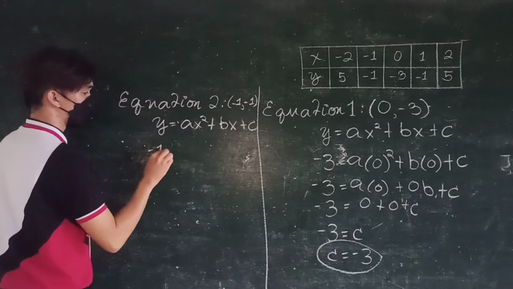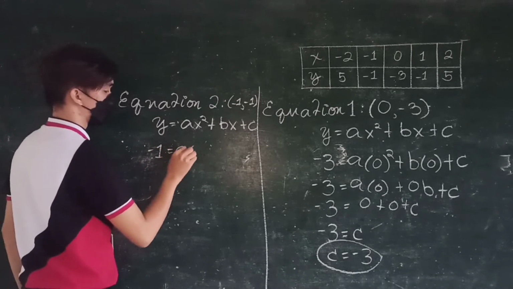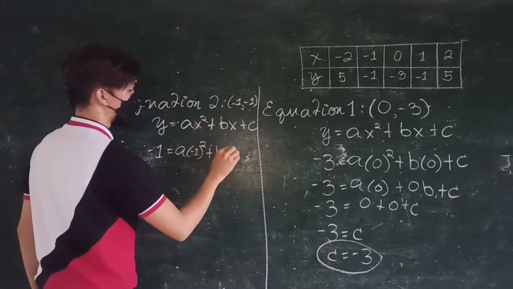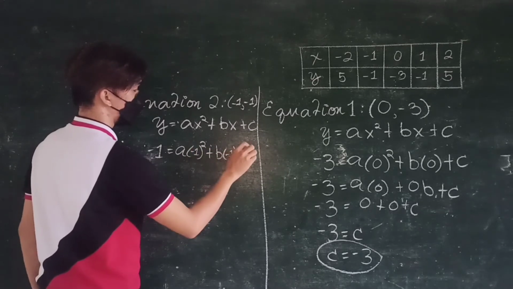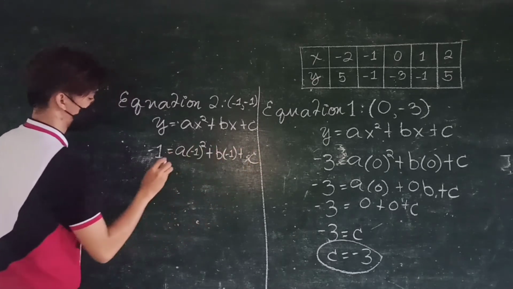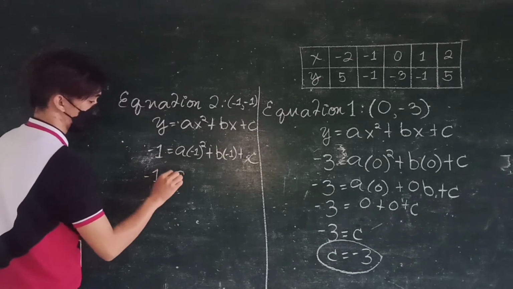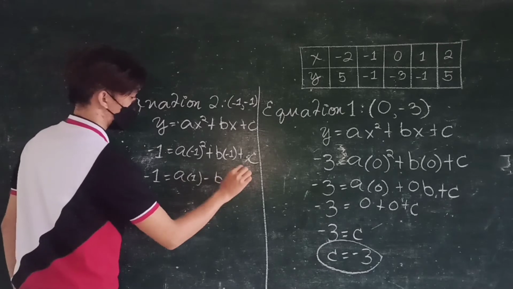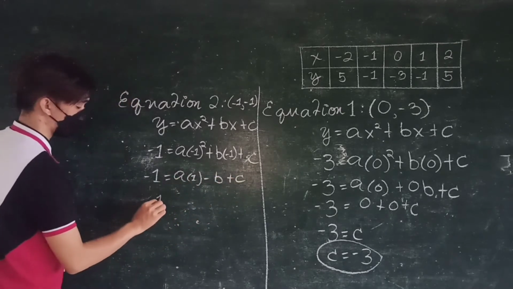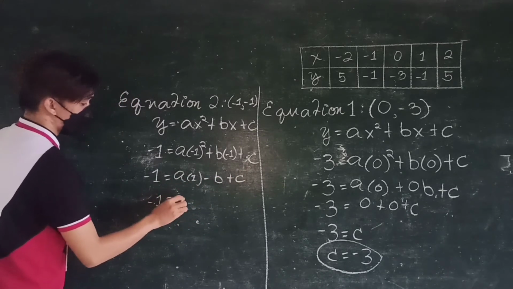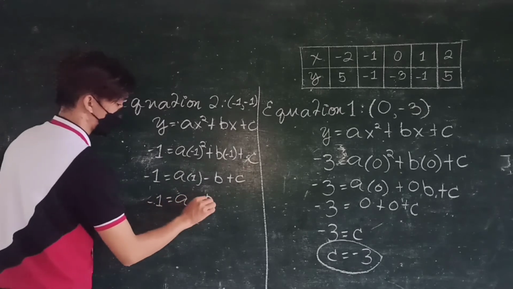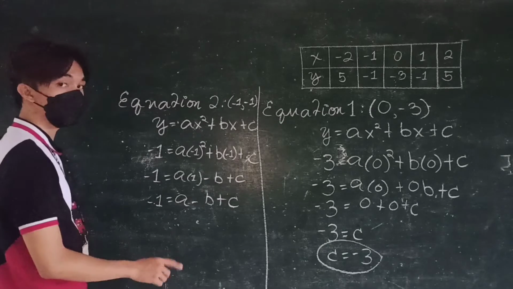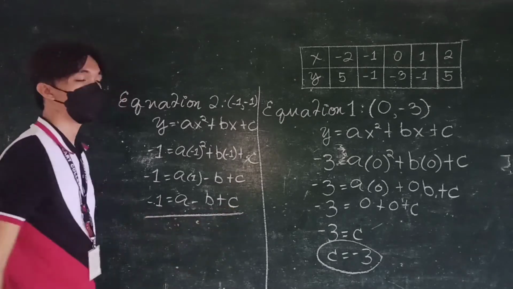So we have negative 1 equals a times negative 1 squared plus b times negative 1 plus c. Negative 1 equals a times positive 1 minus b plus c. Negative 1 equals a times 1 is a, minus b plus c. So this is our equation 2.